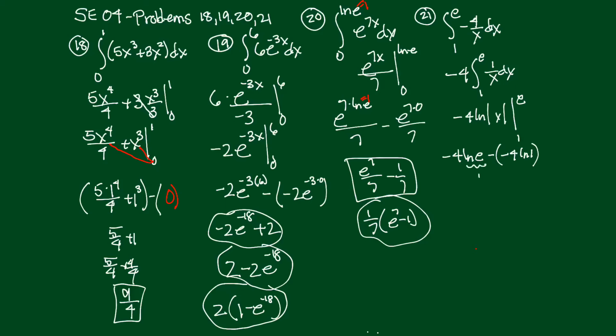What do you get here? That's just a 1. So you get negative 4 times 1 is negative 4 plus, well, what's this? The log of 1, that's 0. Right? That log of 1, that's just a 0, and 0 times negative 4 is 0. So that goes out to be a 0 here. And now we're just left with negative 4.